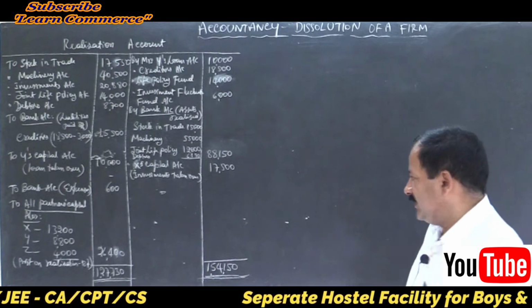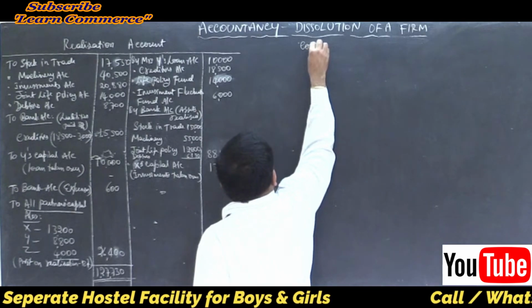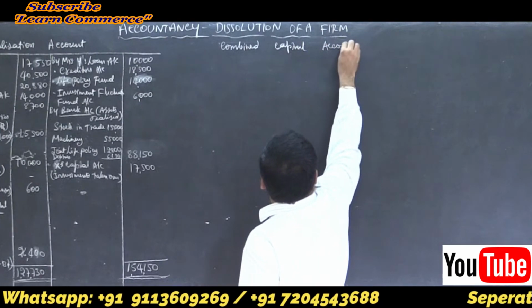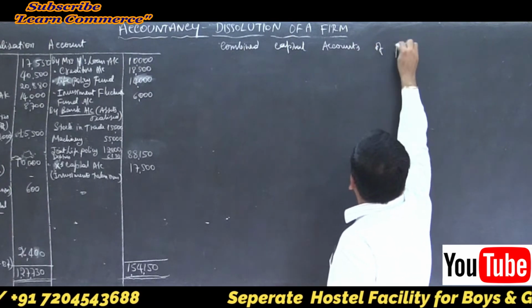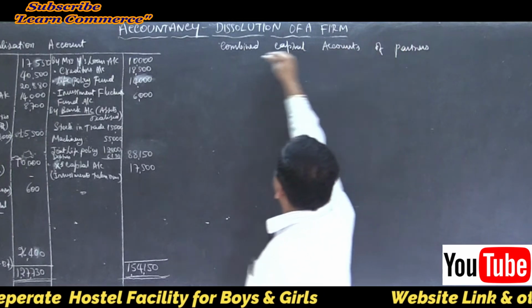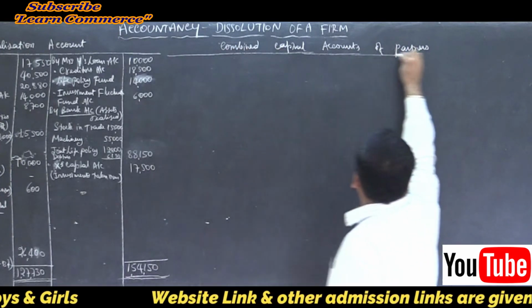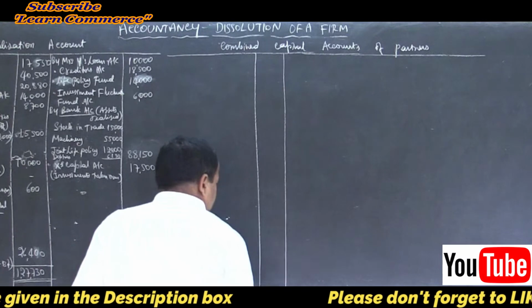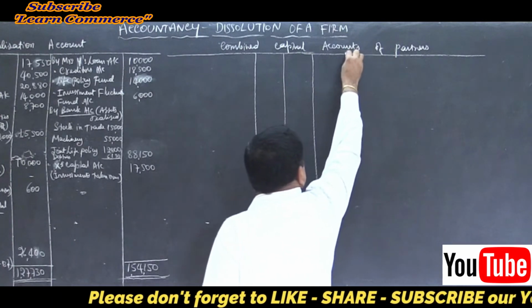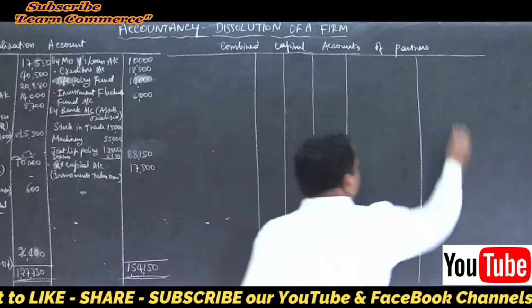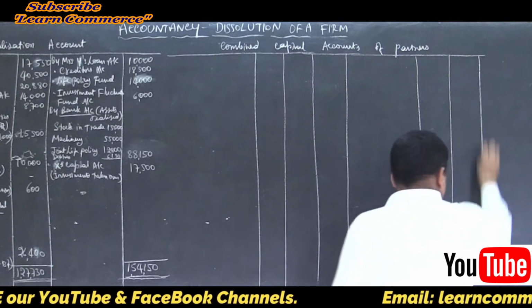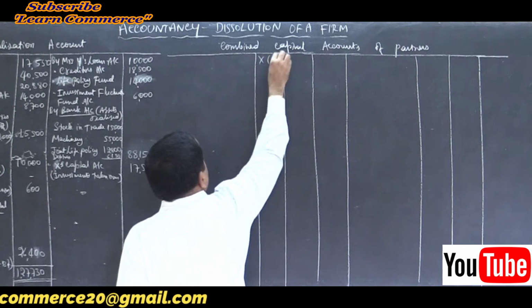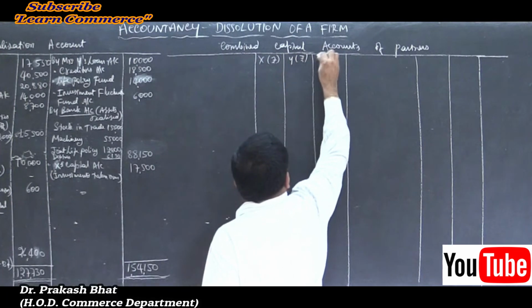Let us start X, Y and Z. Combined capital accounts of partners. Write X rupees, Y rupees and Z rupees.